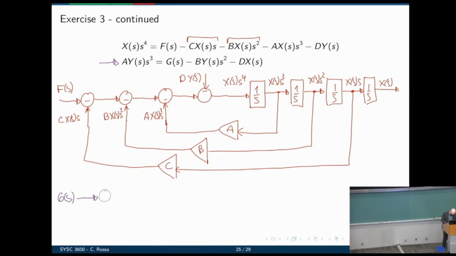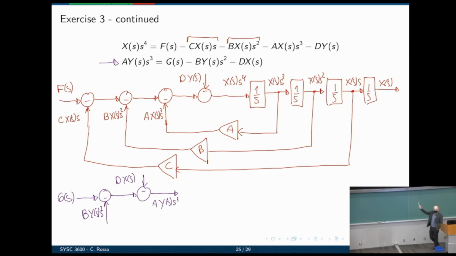And we have to subtract b y of s squared. And you also want to subtract d times x of s. And what is the result? A y of s times s to the power of 3.